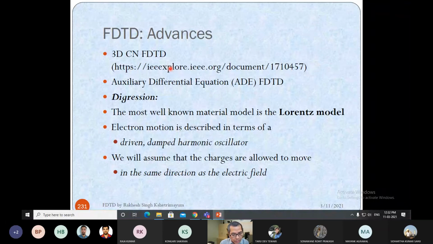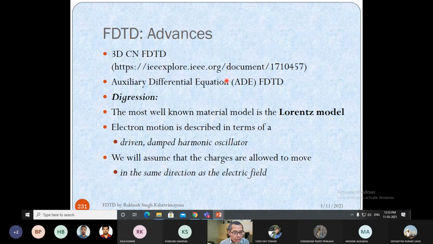Depending on what kind of material you're considering, you'll have different equations for the FDTD. This is one of the very popular FDTD methods for modeling different kinds of medium material. We have different kinds of material models. Based on that, we can develop something called ADE FDTD.